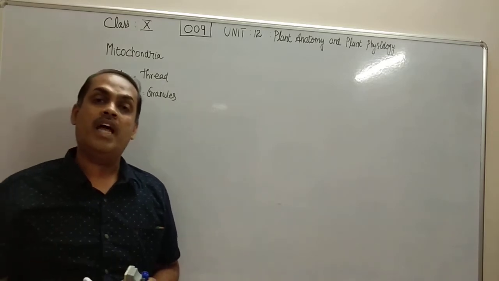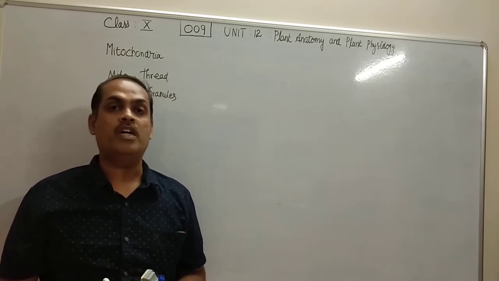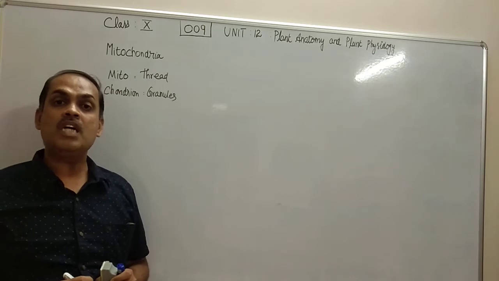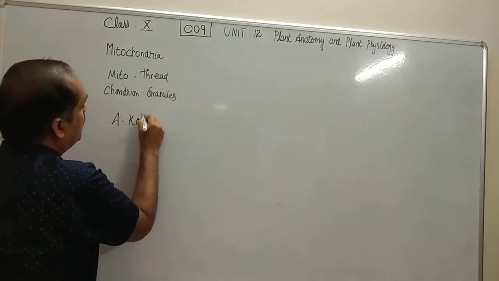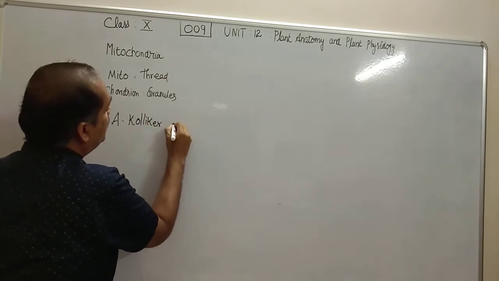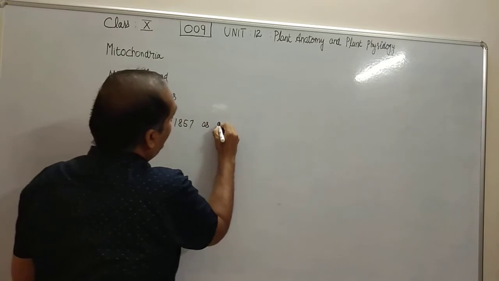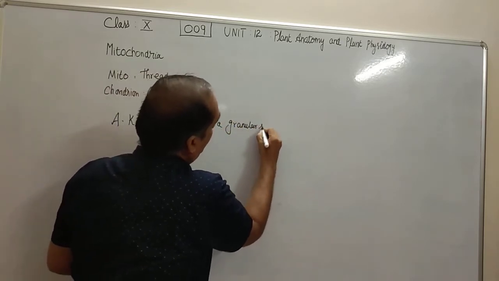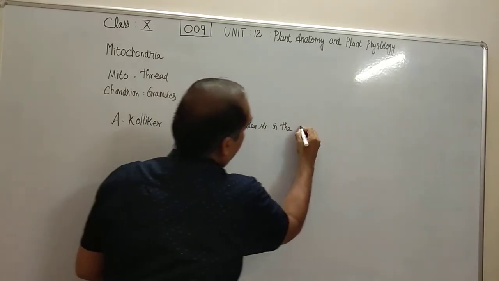Now let us understand a few scientists who are associated with mitochondria. Mitochondria was observed or discovered by A. Kolliker in the year 1857 as a granular structure in the striated muscles.